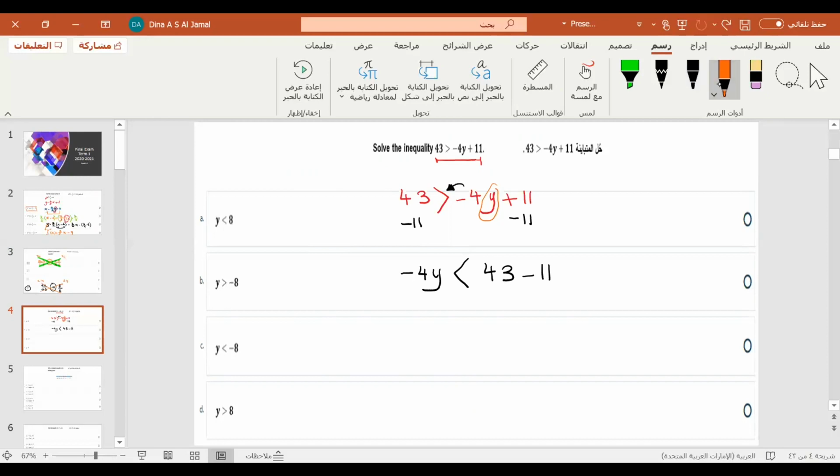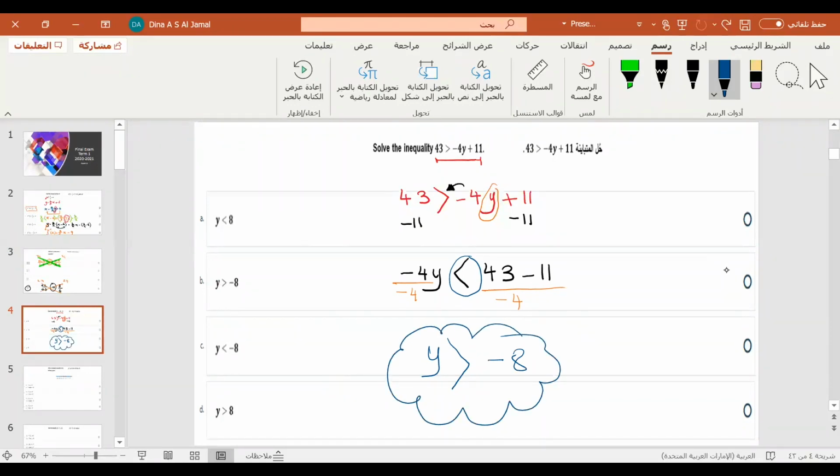Now I would like to get rid of the minus 4. So I can divide everything by minus 4, but pay attention. Whenever I divide by a negative sign, that means I will be changing the sign, which will give me later y is bigger than minus 8. So pay attention to this. This is your answer.